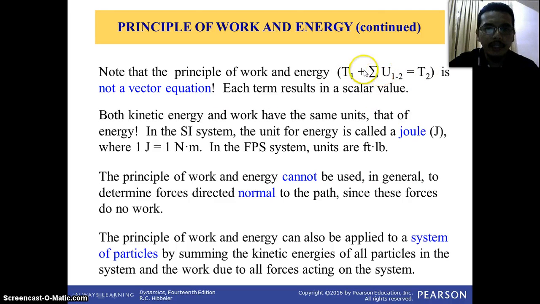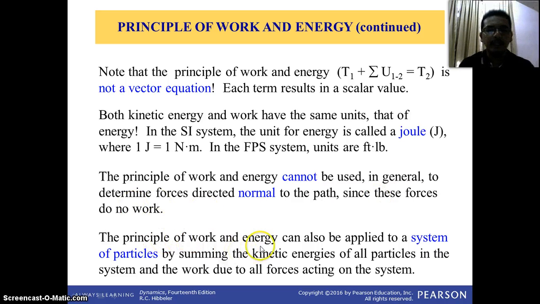Both kinetic energy and work done have the same unit of energy. In the SI system, the unit of energy is called the joule. 1 joule is equal to 1 newton meter. In the FPS system, the imperial unit is foot pound. The principle of work and energy cannot be used in general to determine forces that are normal to the path, since these forces do not work.